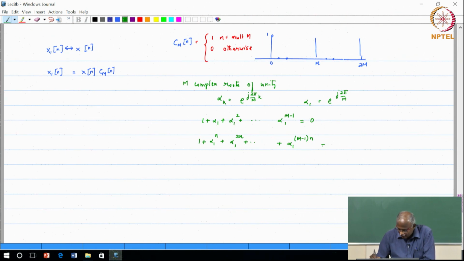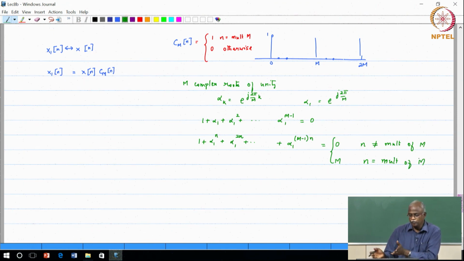This is still equal to 0 if n is not a multiple of m. However, if n is a multiple of m, then all of these roots of unity will be equal to 1, and therefore it becomes equal to m if n is a multiple of m. Okay. So, now you can see how the comb sequence more or less emerges from this discussion.